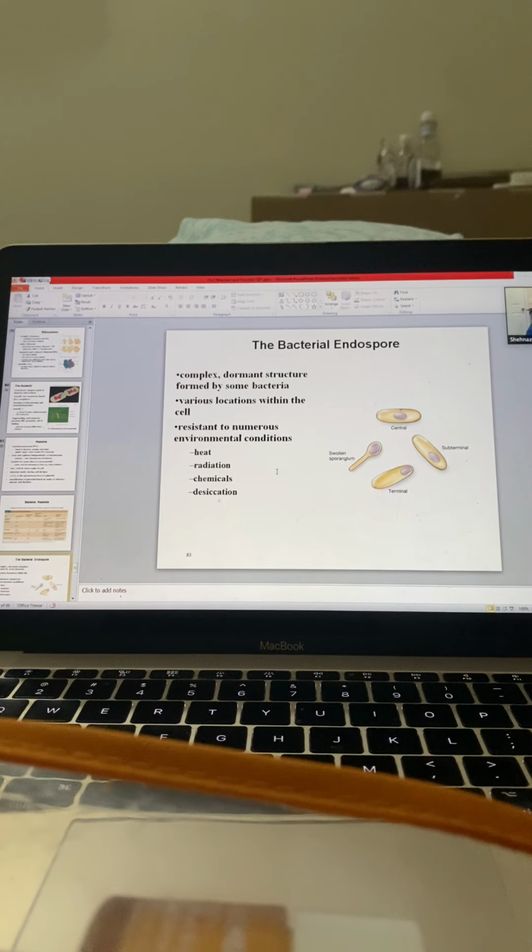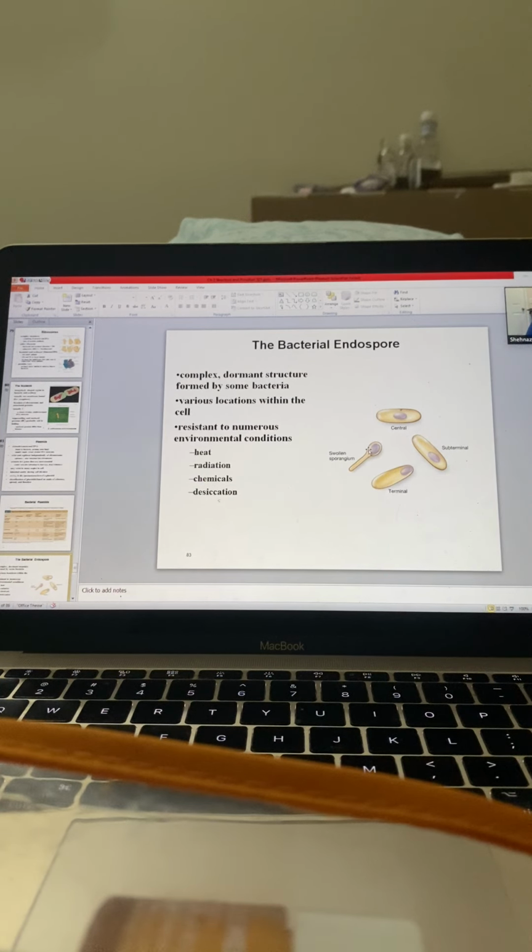Since it is an endospore, it has to be produced inside the cell. So it starts inside the cell, and the position where the spore is produced is also a genetic property. Some bacteria will produce a central spore, some will produce a subterminal spore, some a terminal spore, and some will have a spore whose diameter is greater than the cell diameter.